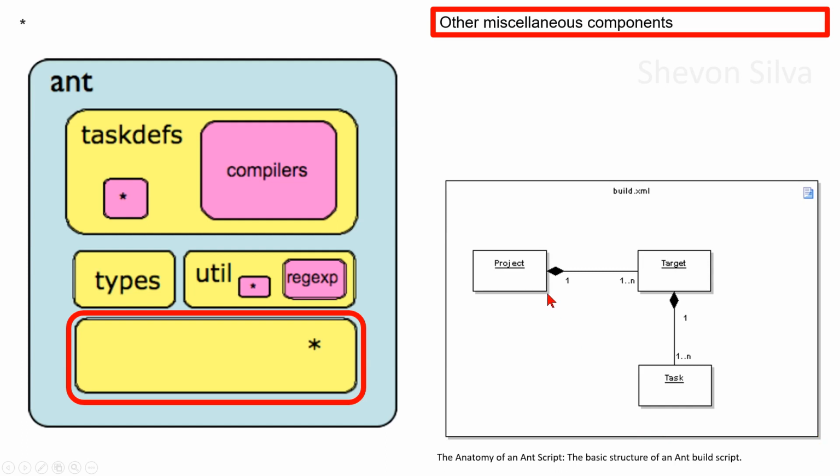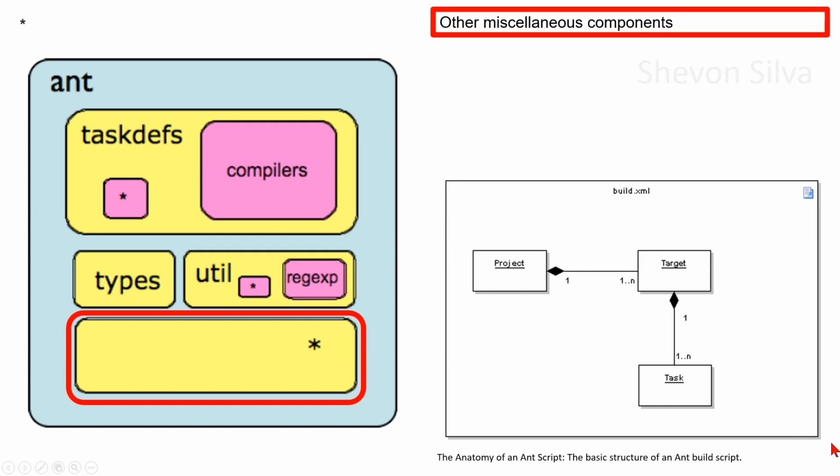Within the project element, there are one or more targets specified. A target contains a set of tasks to be executed. The project element can specify a default target if no target is chosen during execution of the build script.